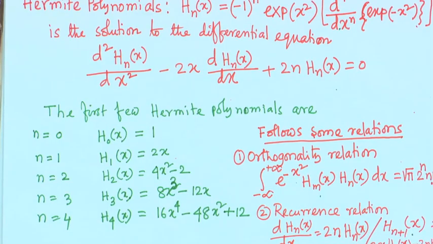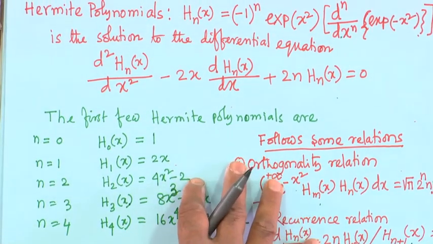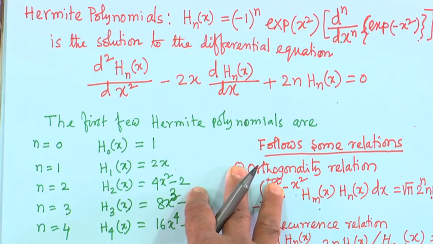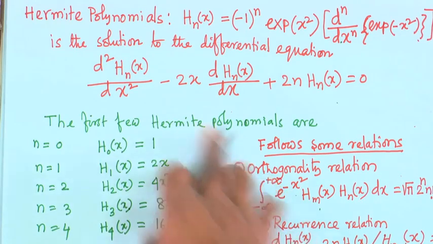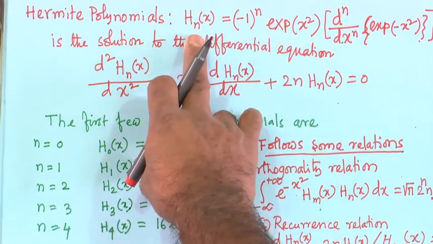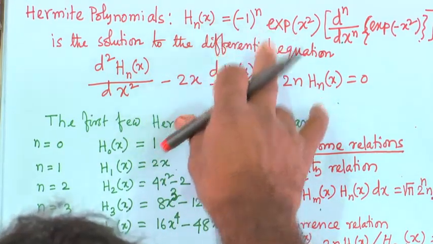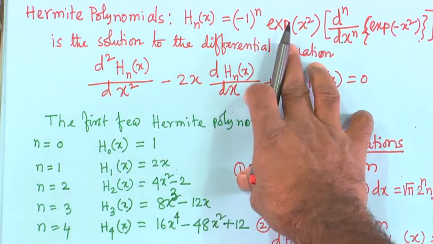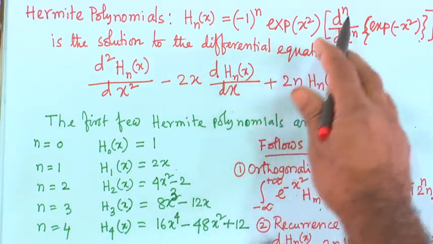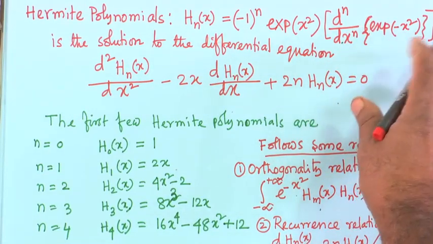One is the Hermite polynomials, for the harmonic oscillator. For the harmonic oscillator, the solution comes in terms of Hermite polynomials. This is the definition. The polynomial is written H n of x, that is equal to minus 1 to the power n, exponential x square, and then d n by d x to the power n of exponential minus x square.